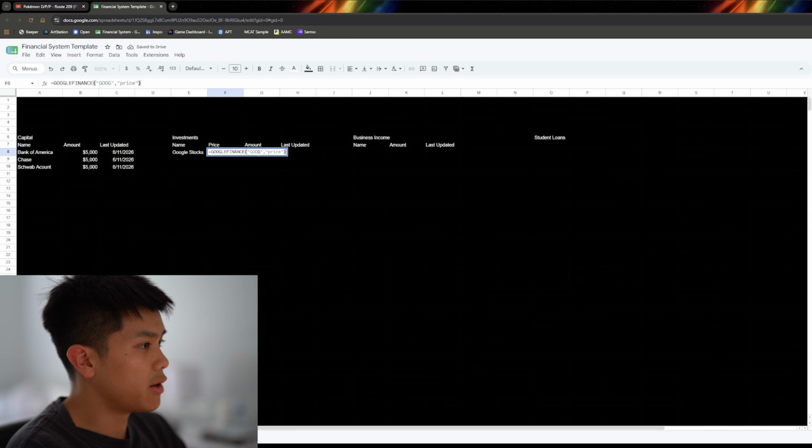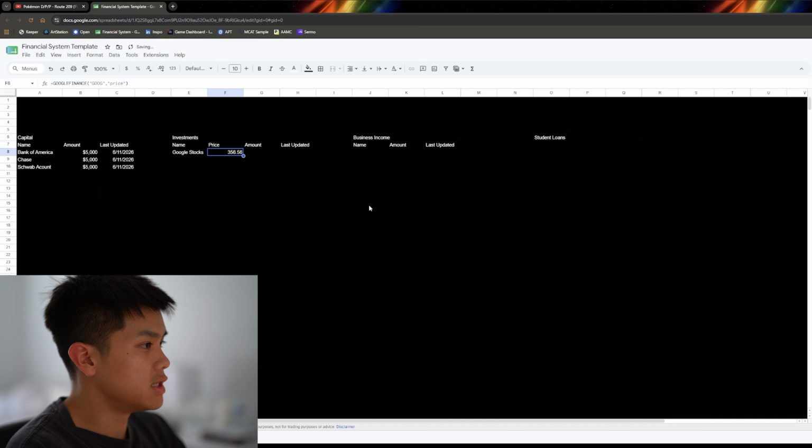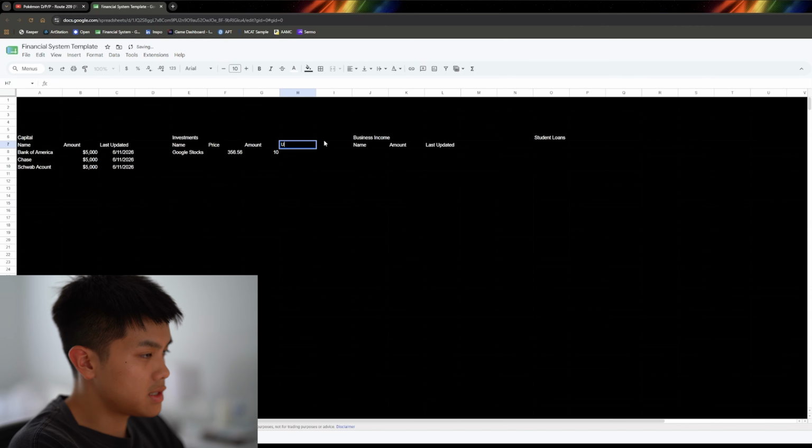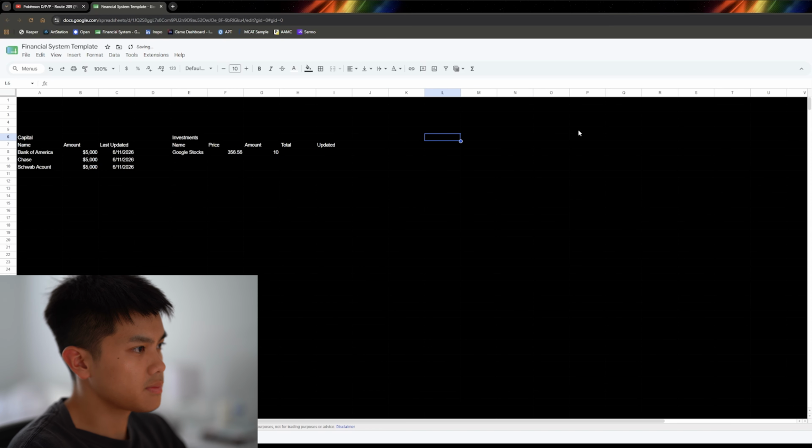I just use this command over here and put in the stock ticker, and then it'll get the amount that it's trading at right now. Let's say I have 10 shares. You just do total, and then updated. I'm probably just going to move this over like that.